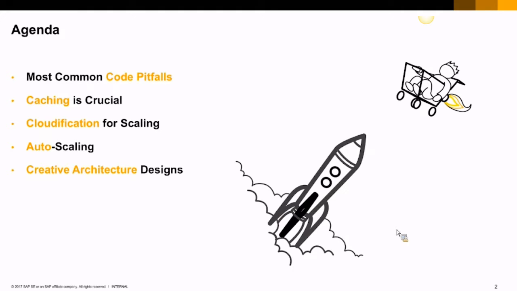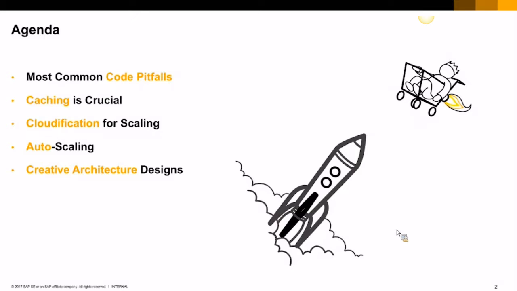So different angles. The first angle will be more oriented on the code. What are the most common mistakes in the code that we see that are impacting the performance and prevent the system to scale? Caching is very important for scaling, so we'll have a dedicated section for this as well.